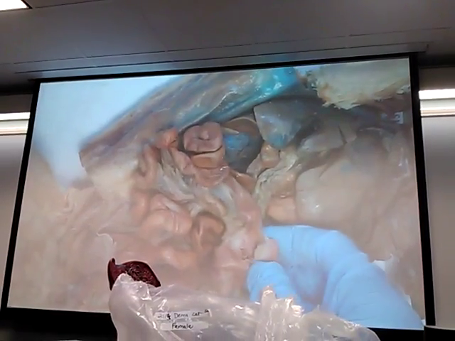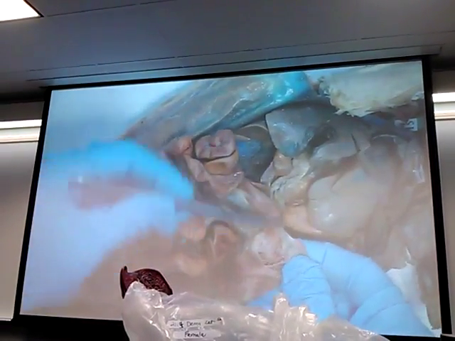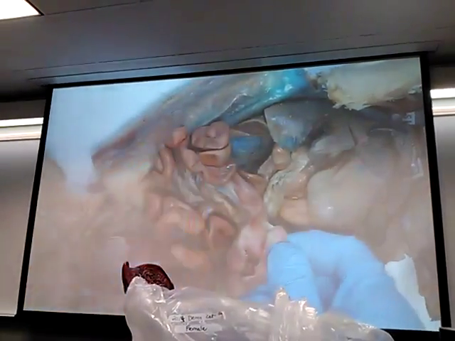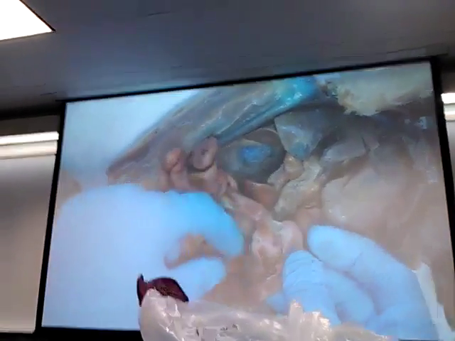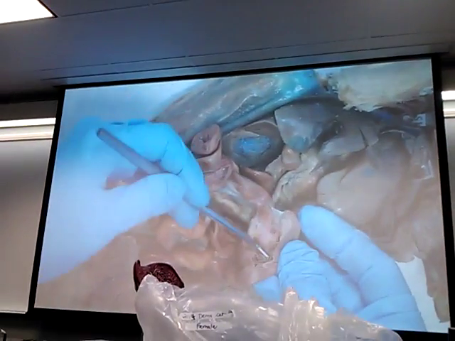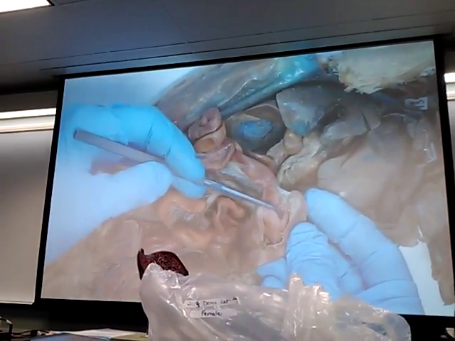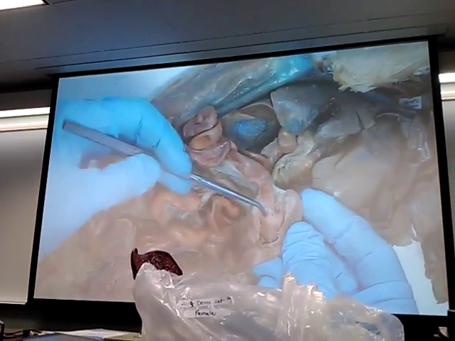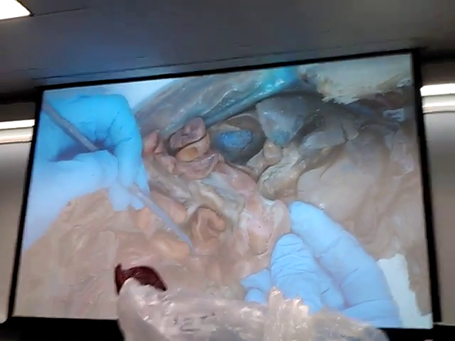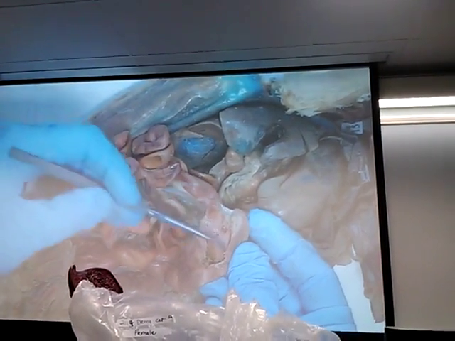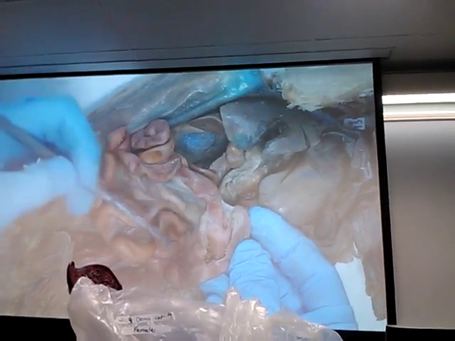I didn't get in there, did I? Oh, actually it's right here. Okay, so that right there is the ileocecal valve. So this would be ileum, cecum, ileocecal valve.